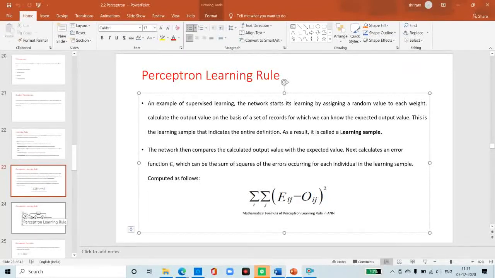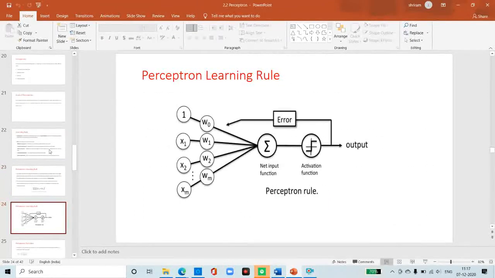Assigning the weights of a node according to the user is an example of supervised learning. The perceptron learning rule states that the algorithm would automatically learn the optimal weight coefficients. The input features are then multiplied with these weights to determine if the neuron fires or not.